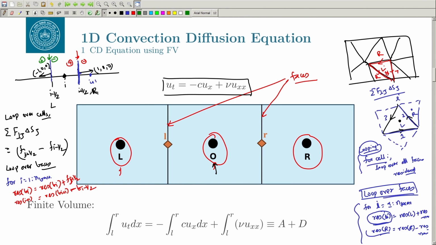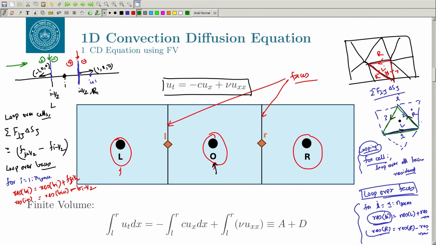So, everywhere if you are following a direction, it is basically adding to the left cell and subtracting from the right cell. So, the same philosophy works here also in the 2D flow: you can loop over faces, calculate the residue, keep on adding on the left cell and subtract from the right cell. If you do that, you will be ensuring that all the contributions due to all faces in the cell have been taken care of, right. Normally this approach is followed more, where you loop over faces.